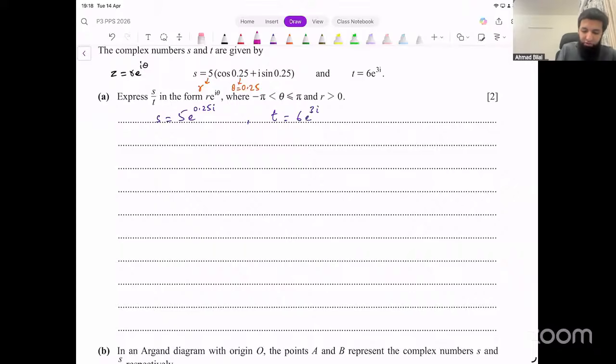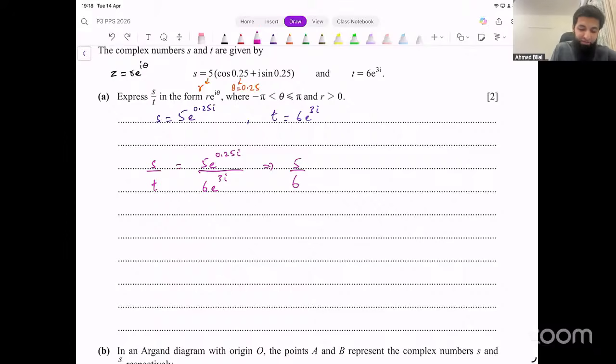What we are supposed to do is evaluate s over t. That is straightforward now. In the numerator, we've got this: e raised to power 0.25 iota. In the denominator, 6e raised to power 3 iota. That simplifies to 5 over 6, e raised to power this divided by e raised to power this. The powers are going to get subtracted, right?